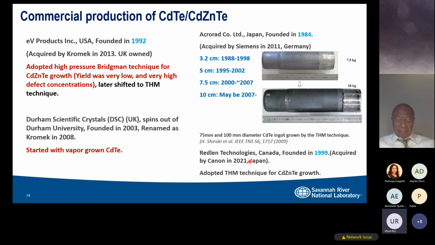So all the major companies like Chromec, Acrorad or Siemens, Canon or Redlen, are all growing by the traveling heater method.